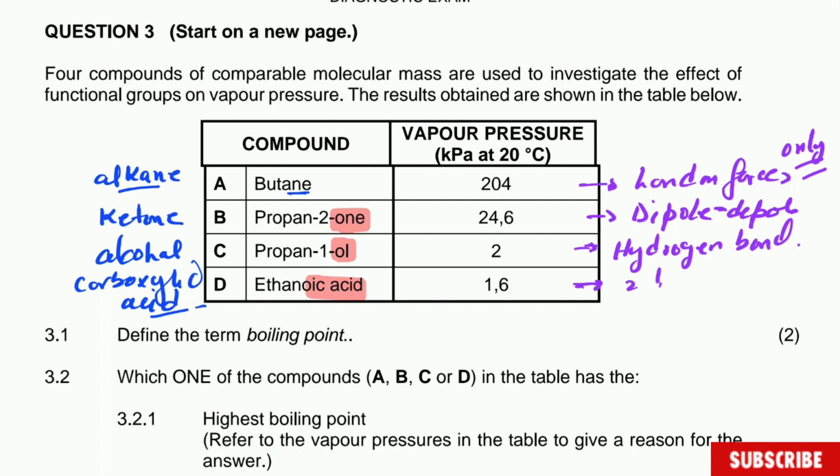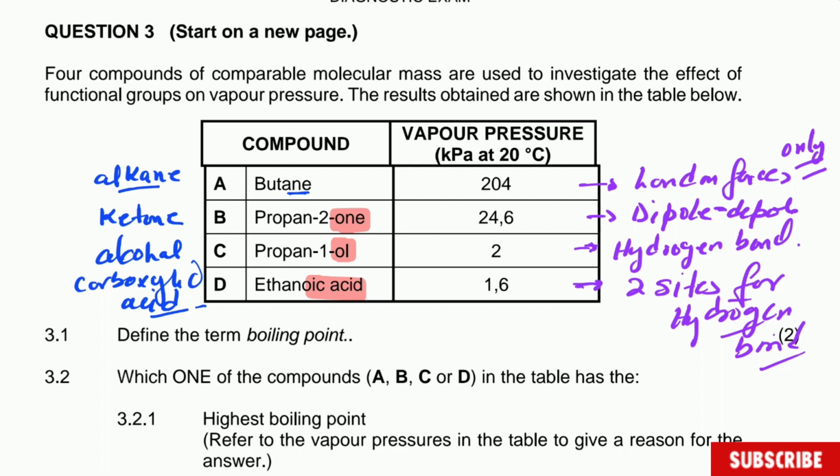And that is a very important thing here in this part of the question. It has also hydrogen bond, but it has two sides for hydrogen bond. Okay, so we have now identified the homologous series of each of them as well as the type of intermolecular forces for each of them.